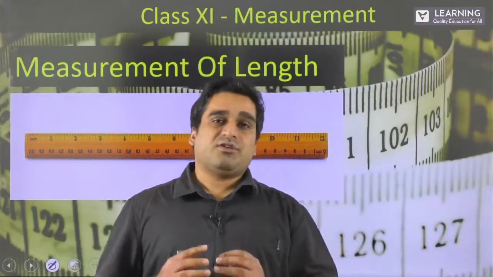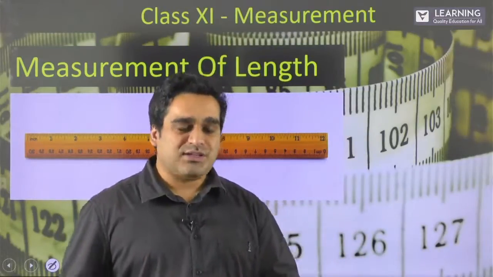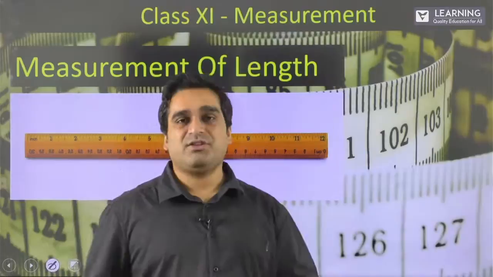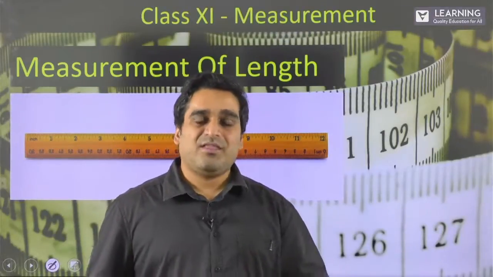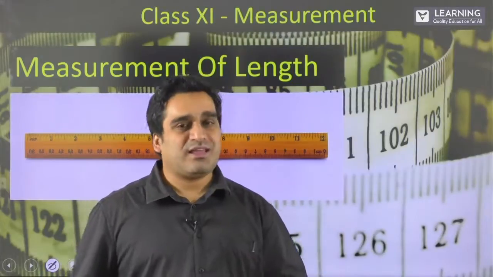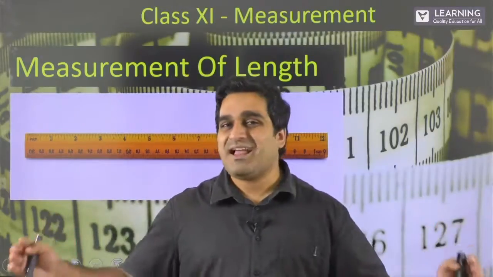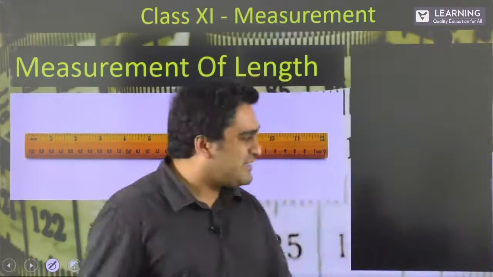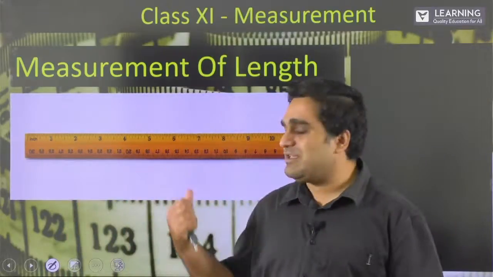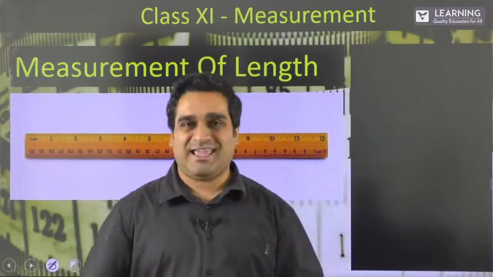But now, after all the innovations and technology that it has given birth to, our sense of measurement has also changed. The measurement that we deal with today uses a standard scale called a meter scale. This scale, the ruler behind me, is a meter scale.